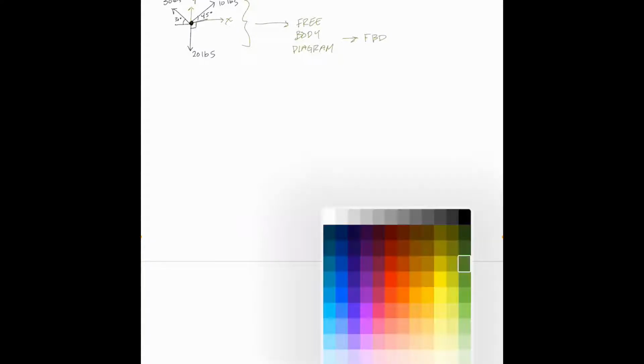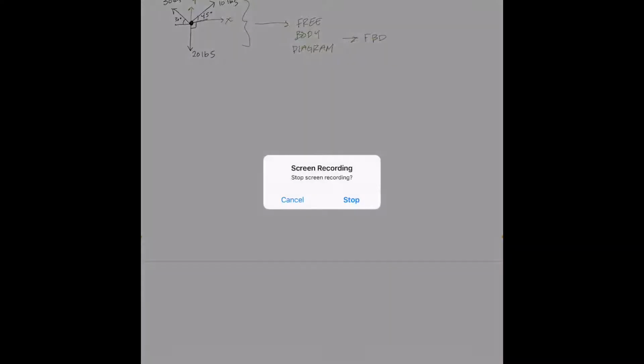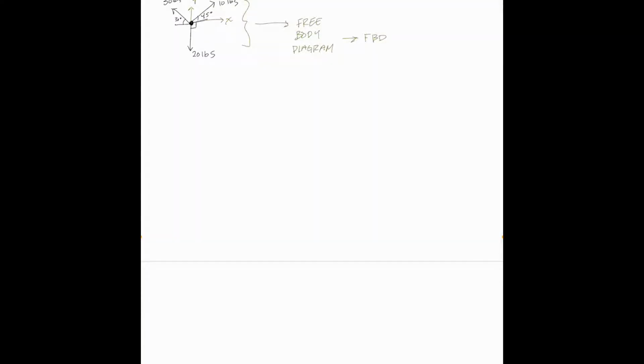All right, so now that we've got that, we want to be able to split each of these up into different components. So I'll label these vectors or forces really quickly so that way we can keep track of them. I'll just start with this one and we'll call it F1, F2, and F3. So we'll start with F1. We need to split that up into X and Y components.